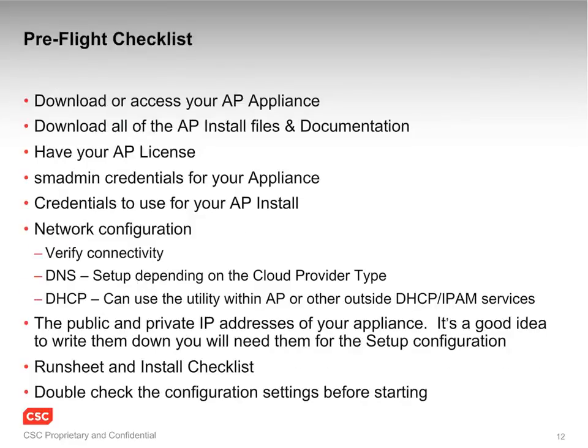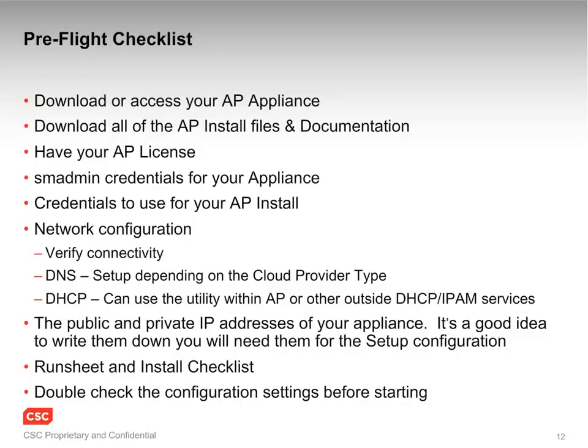Here is a list of things that should be in place before you start your install. When you start your install, you should have already accessed your Agility Platform appliance. You need to make sure that you've downloaded all of the appropriate Agility Platform install files and documentation, have your Agility Platform license, have the SM admin credentials for your appliance, and credentials to use for your Agility Platform install.